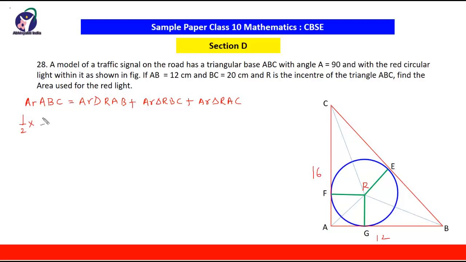This is 12 and this is 16 that we have calculated. So that will be 1/2 into 12 into 16, which is equal to RAB, radius.